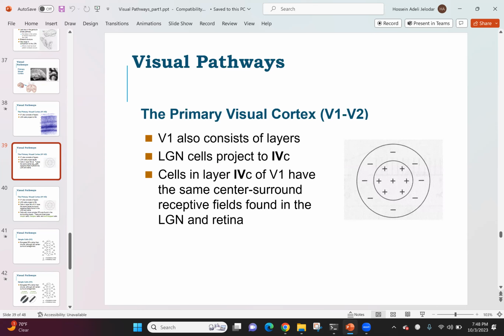So basically, a signal is being processed at each stage, a little more, a little more, a little more. And the cells in layer 4C have the same center surround receptive field as the LGN and the retina. They don't really do extra processing.